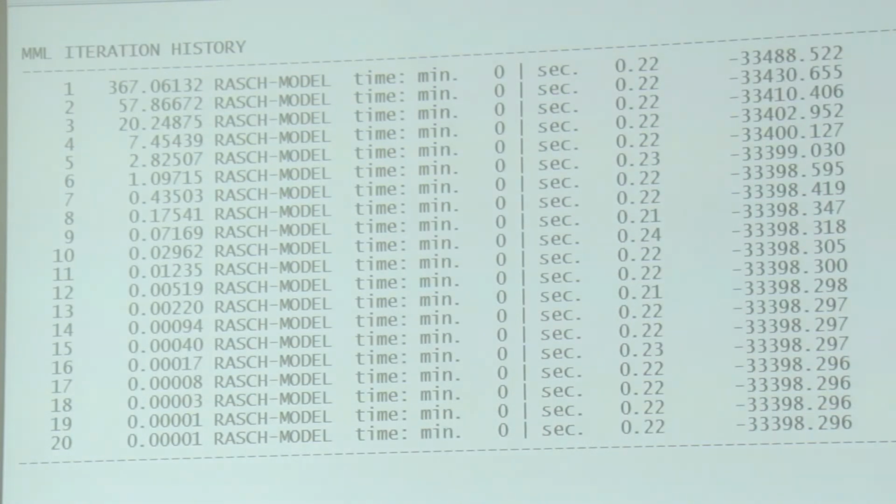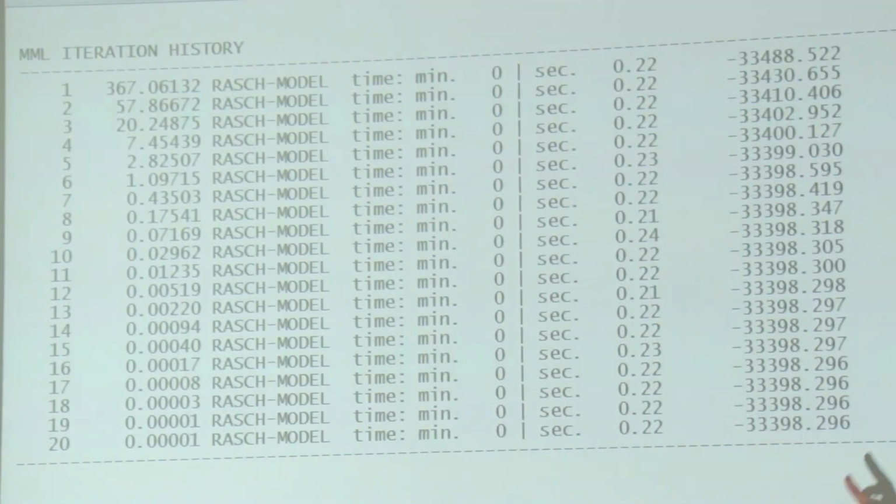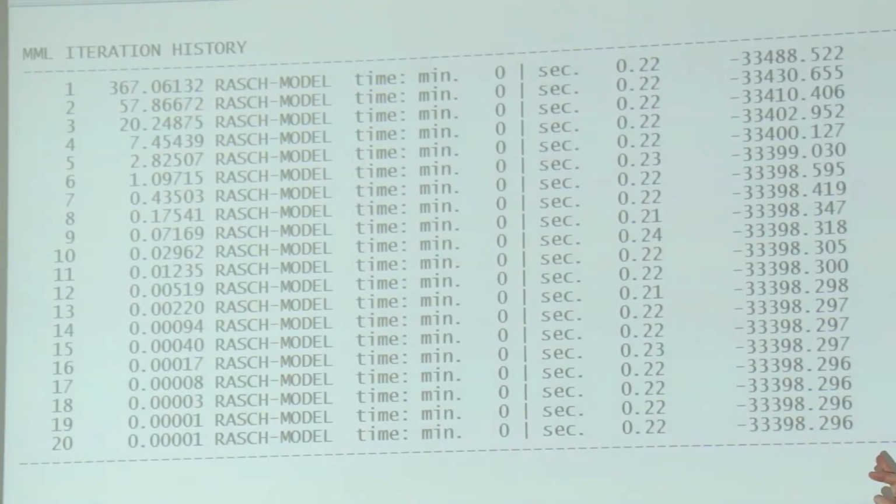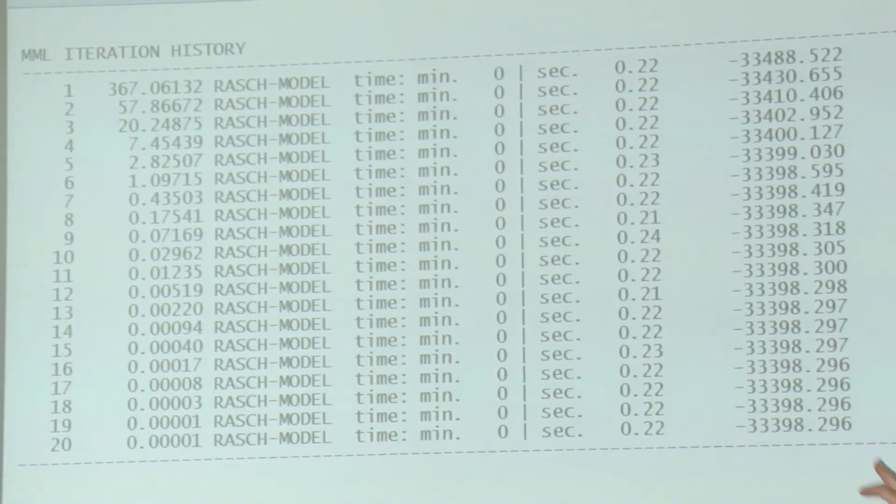But if you have real data and start analyzing, then this is a very important set of numbers. Because what you see here on the right-hand side is the log likelihood. And you see that the program starts somewhere with a log likelihood and then slowly moves in the direction of what is called the maximum of the likelihood. So it searches for the maximum. And this is the number that it finds.